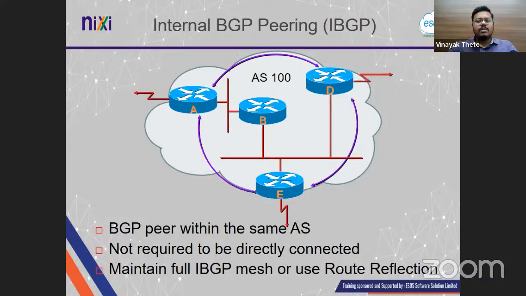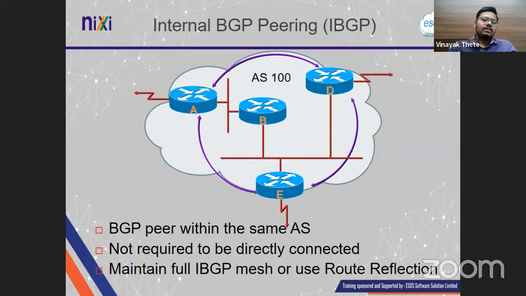In IBGP, there is no restriction that neighbors have to be directly connected. However, an IBGP peer will not advertise a prefix it learned from one IBGP peer to another IBGP peer.